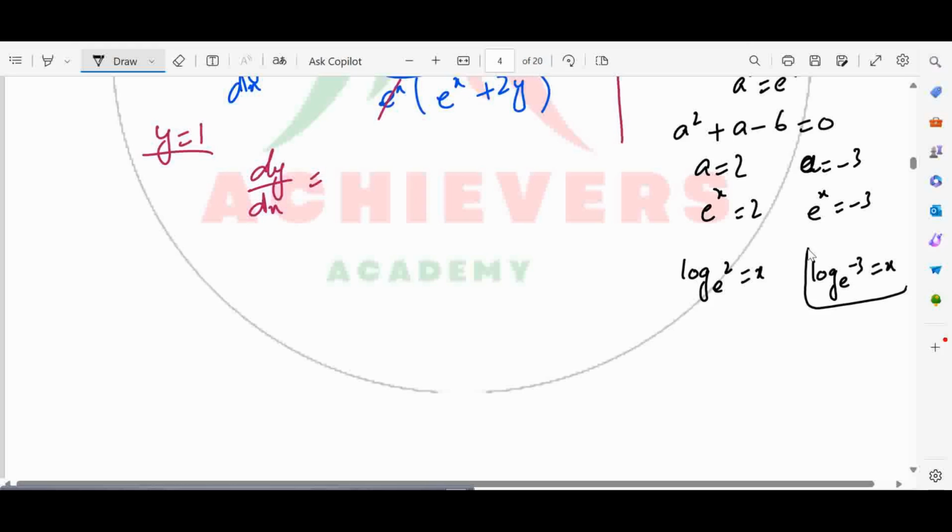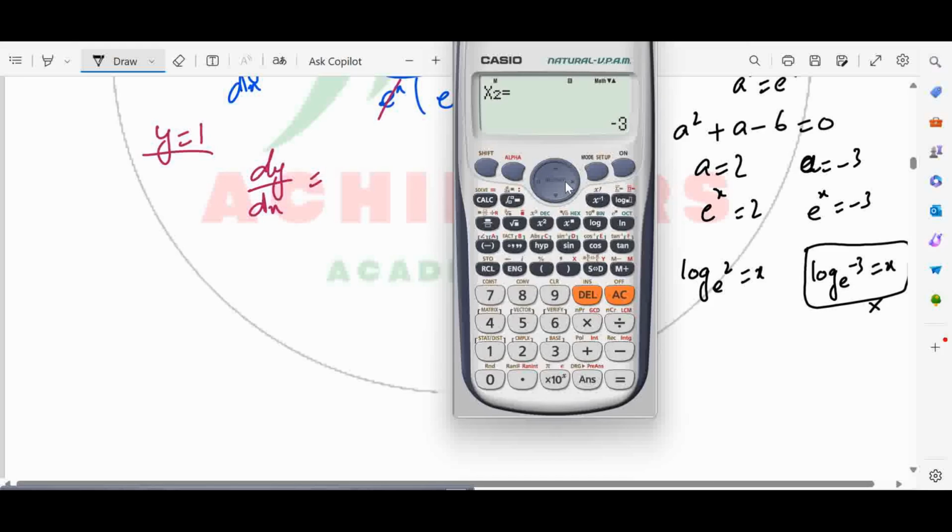The answer for this one will not be possible, that is why we will ignore this. But let me verify this to you, that log of negative 3 will be equal to maths error. Now if we go back, x is equal to ln 2. This will be equal to 0.693.